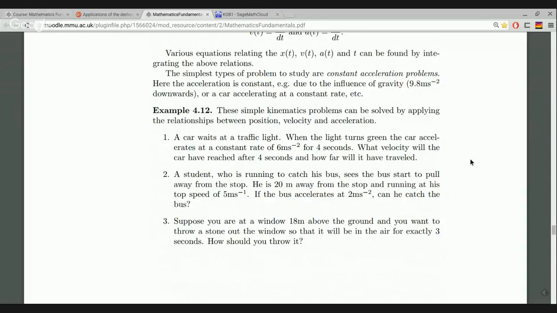So will this student catch the bus? Well, we'll use xs, vs, as for the student's values, and xb, vb, ab for the bus's values.